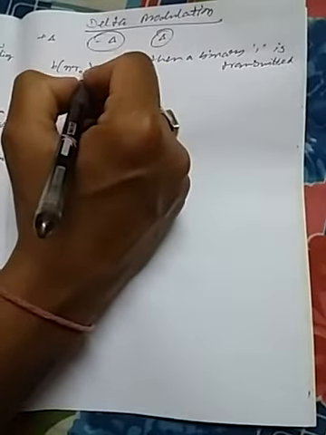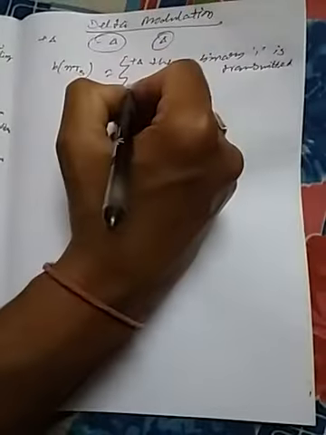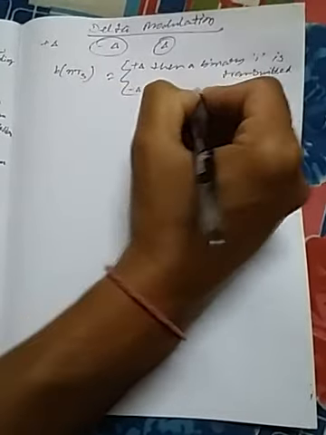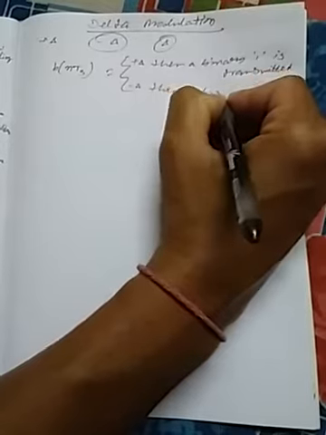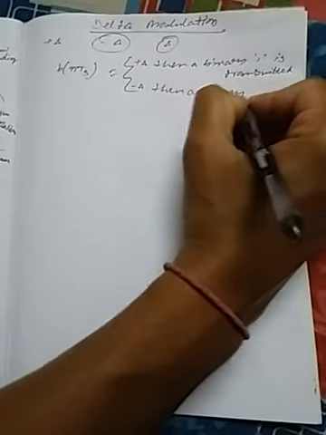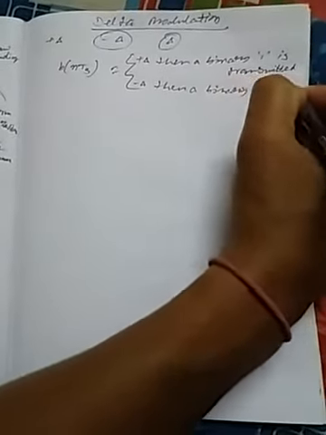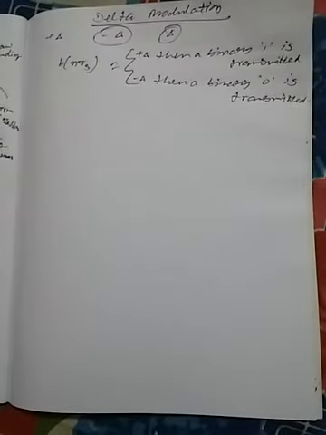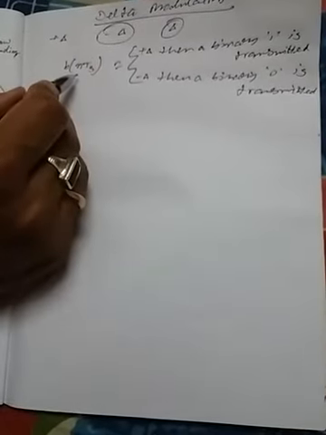If this bit has the value of minus delta, then a binary 0 is transmitted. So what is Ts? Ts is the sampling interval, and what is n? That is the discrete time index, as we know.